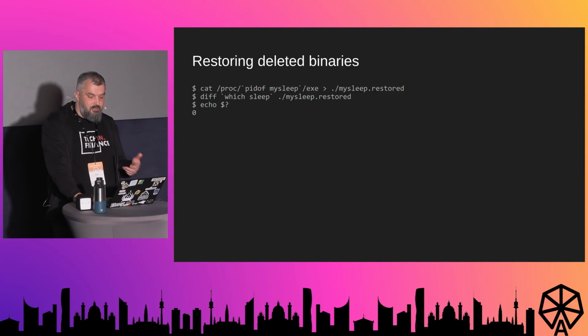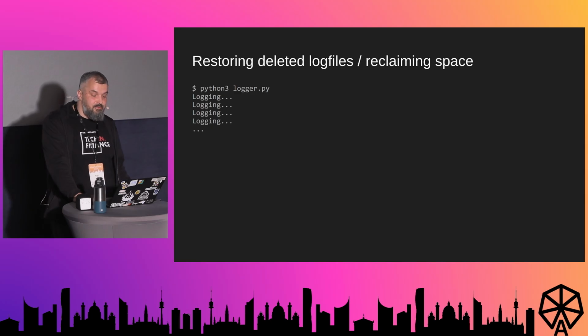It would just move the link, not the content of whatever the link points to. So when we restore the file, we can double check that it's exactly the same binary that was previously deleted. So that's how you can try to restore accidentally removed binaries, or some binaries that were injected into your system.